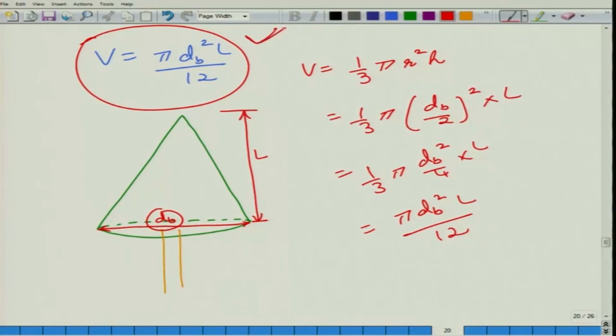Similarly, the volume of this cone will correspond to the volume of the biomass that is there inside. So, it will comprise the volume of the branches, the volume of the leaves, and so on. So this volume is the volume of the cone or the volume of the biomass. Now, multiplying the volume with density will give you the mass.